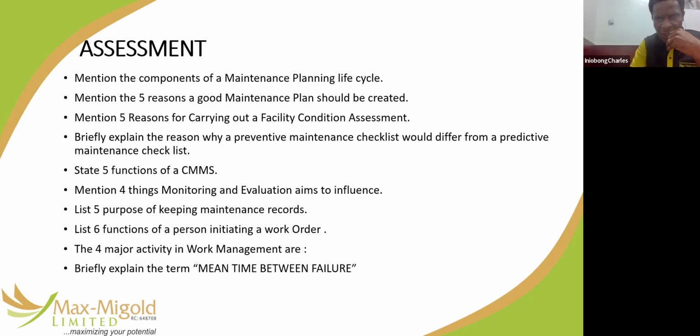So is upgrading and demolition part of the maintenance plan? Upgrading, no, upgrading is part of a decision. I said something about capital investment. When you go through the facility maintenance steps in maintaining a particular facility, starting from your condition assessment, you get to the point where you can say, no, this facility we need to upgrade.